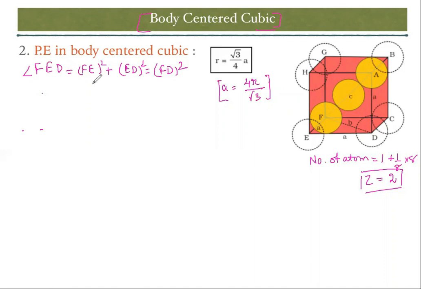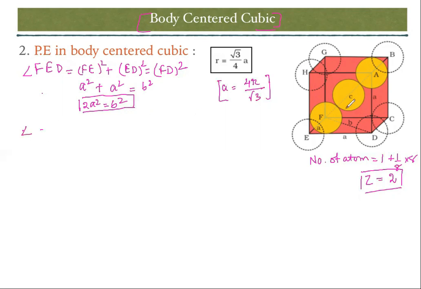FE square is nothing but A square, ED square is again A square, and FD is B, so I write B square. So 2A square is equal to B square. This is one relation.